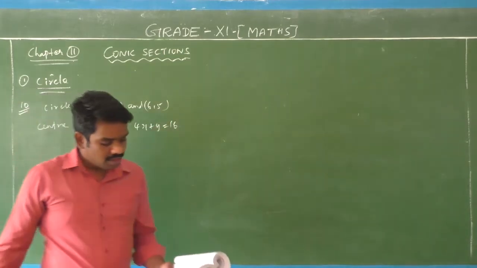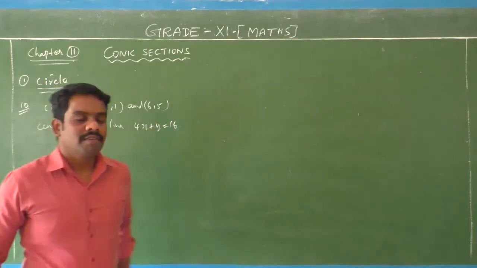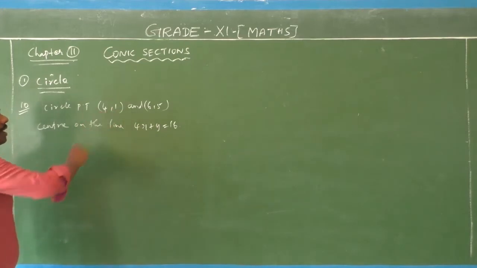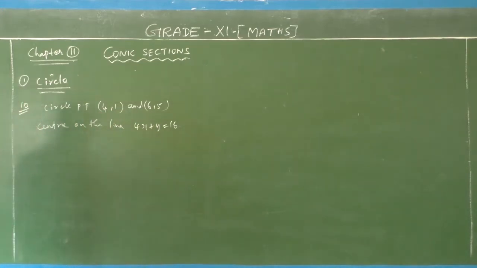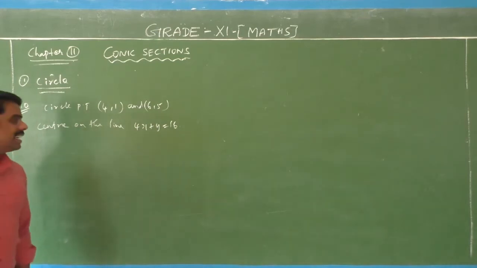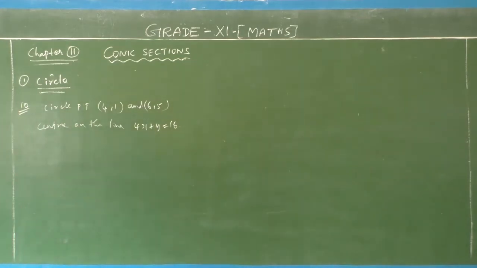You listen? Find the equation of the circle. The circle passes through (4, 1) and (6, 5), and another piece of information: the center is lying on this line 4x plus y equal to 16.